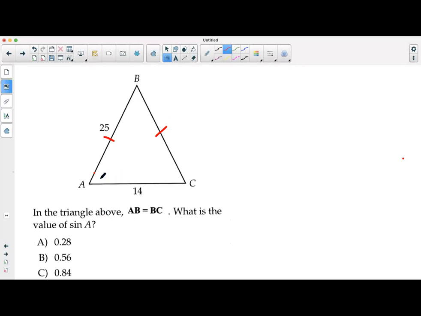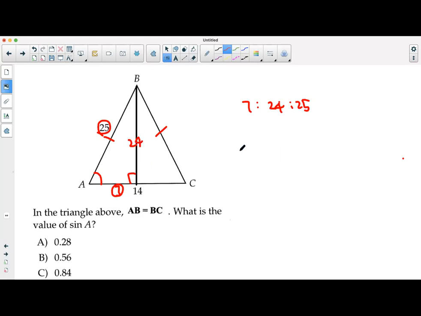In order to find the value of sine of A, we need to figure out the height, because in an isosceles triangle, the height divides the bottom side into 2 equal parts. This is equal to 7, and the side is 25. What is the height? If you remember, one of the Pythagorean triples is in fact 7, 24, 25. If you memorize it, you realize the height is 24 right away.